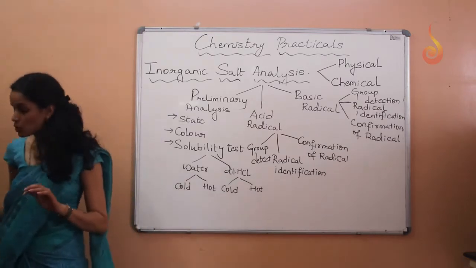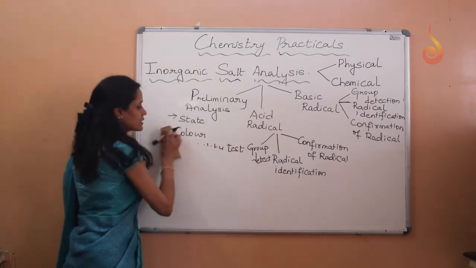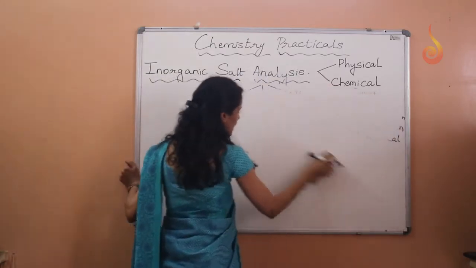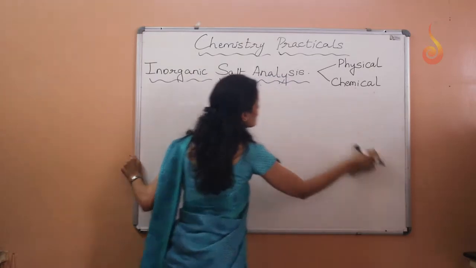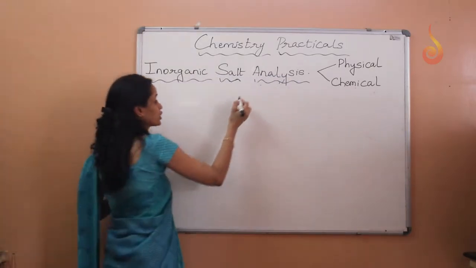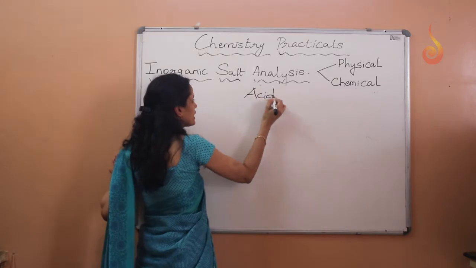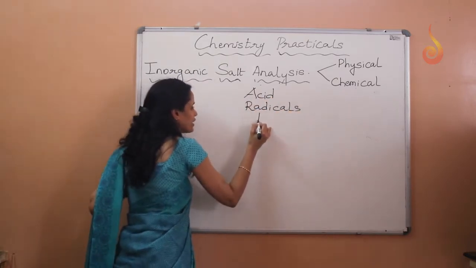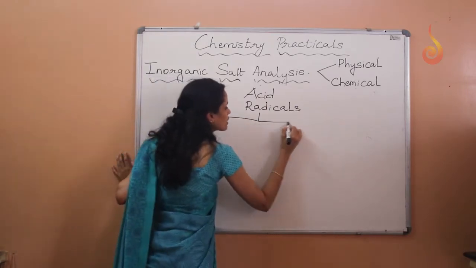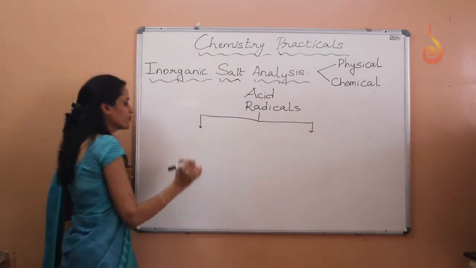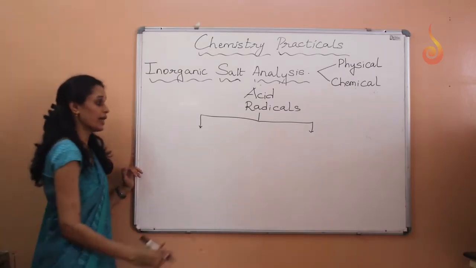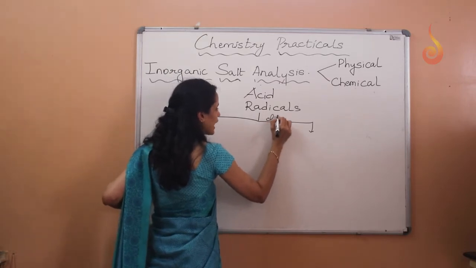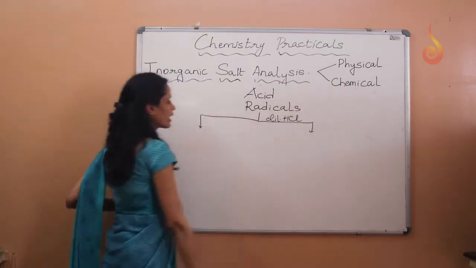Now let us look at acid radical detection and basic radical detection in detail. First, let us start with acid radical detection. As we know, in the case of acid radicals, we have 3 different groups. For the first group, we have a group reagent, and that group reagent is nothing but dilute mineral acid, which is dilute HCl.